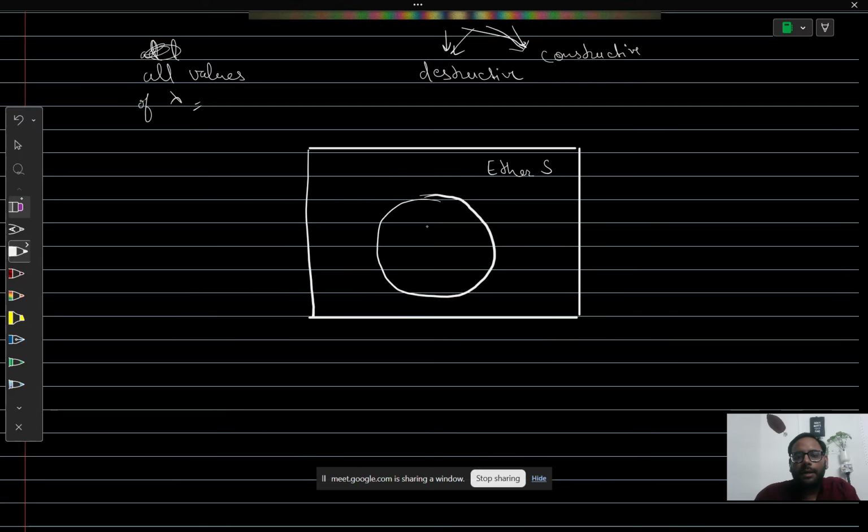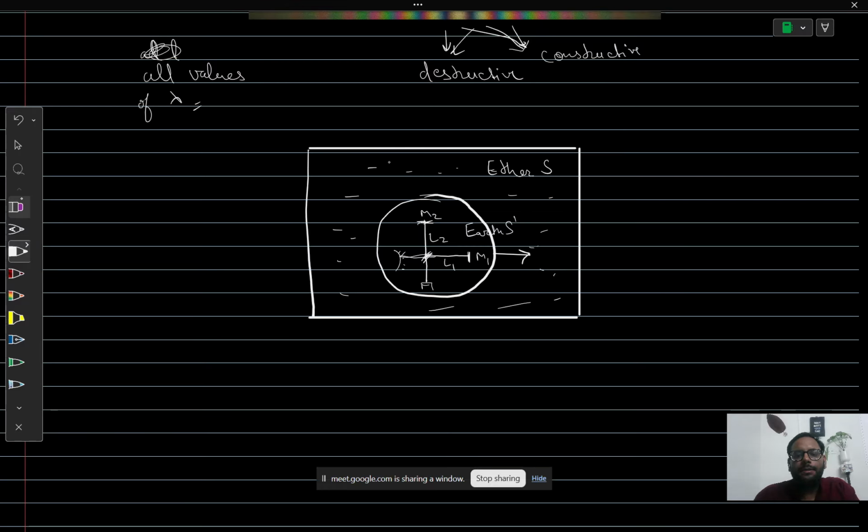Suppose I have my setup here: this is M2, L2, this is L1, M1. And this is the Earth frame, S prime, because it is moving in this ether.